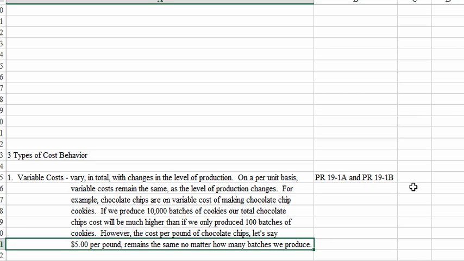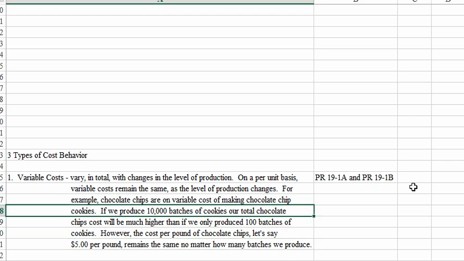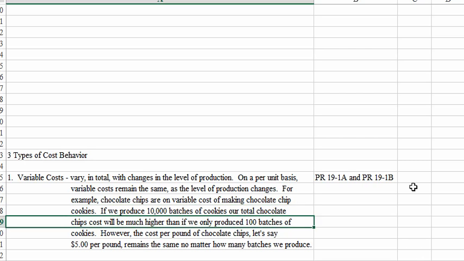However, our chocolate chips cost goes way up if production goes way up, right? Our chocolate chips cost decreases dramatically if production decreases dramatically. So variable costs vary in direct proportion to the level of production in total.